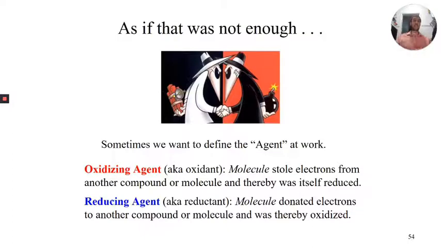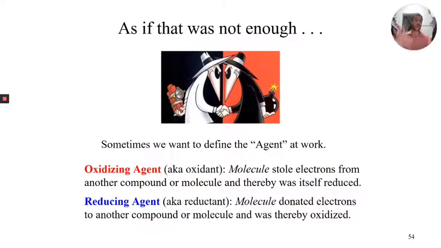An oxidizing agent, the Russian spy, is the molecule that stole electrons from another compound. So our Russian spy stole data from the US. To do that, it had to steal those things, and thereby it was reduced. It was clearer in my head, and I apologize that the spy analogy didn't quite work there.